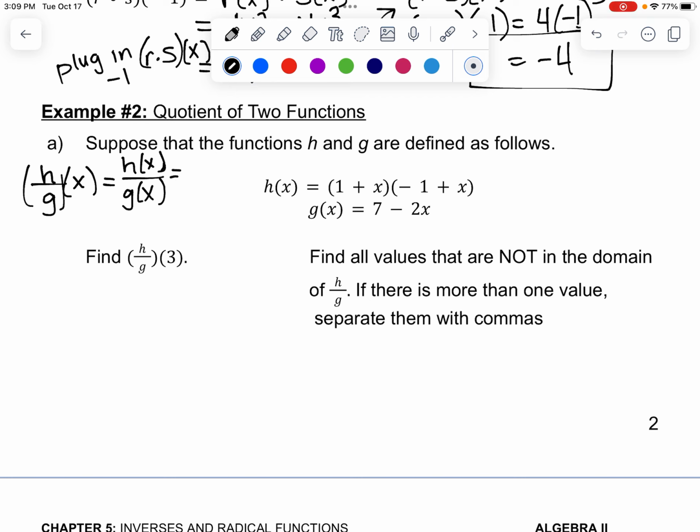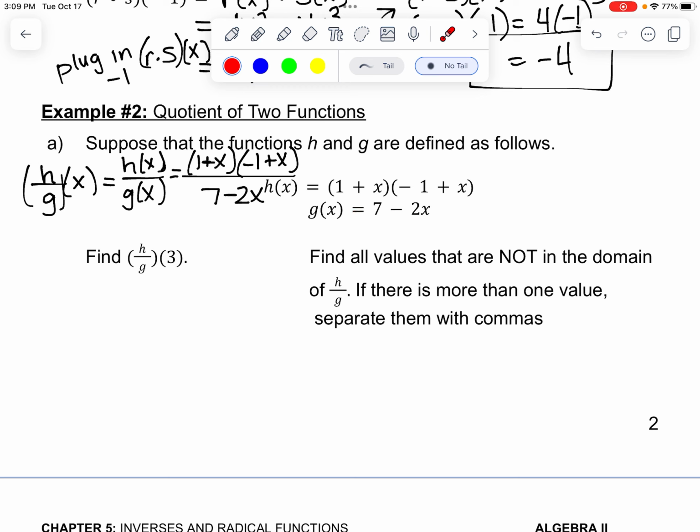H of x is 1 plus x times -1 plus x, and g of x is 7 minus 2x. If I don't have anything in for x, just taking the functions they gave me, h of x on the top we leave in its factored form, g of x on the bottom, just as it's given.